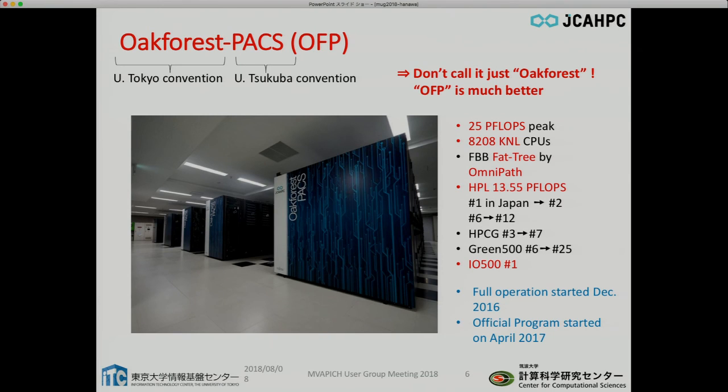This system has 25 petaflops peak performance and 8,208 KNL CPUs. This system also has a full bisection bandwidth fat tree by the Intel Omni-Path Architecture. The HPL performance is 13.55 petaflops.